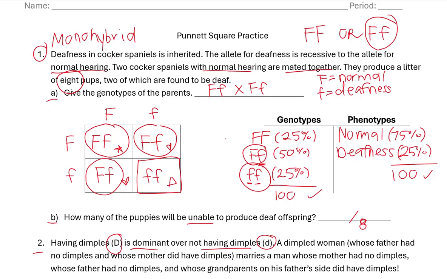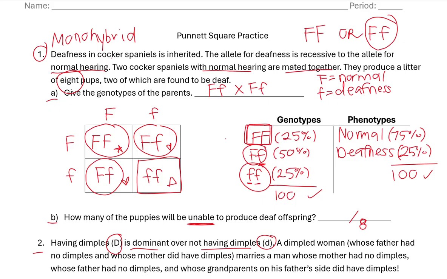But our question asks about the ones that are unable to produce deaf offspring. Well, if you are homozygous dominant, you do not have the recessive allele. If you do not have the recessive allele, you have no recessive trait to pass on.